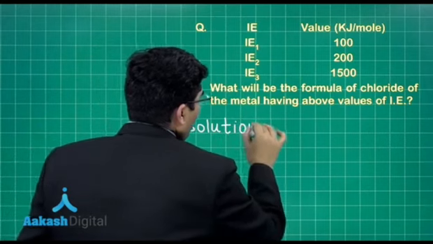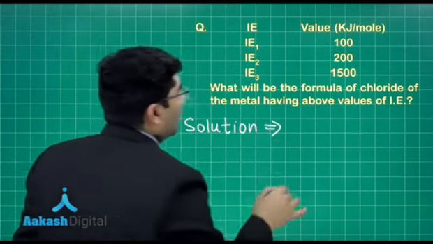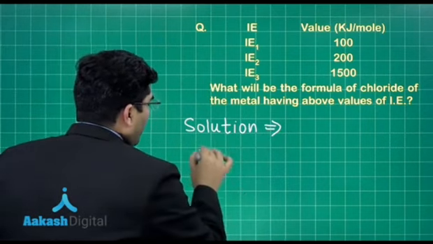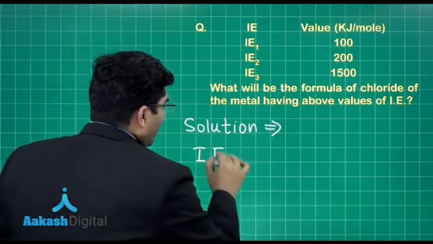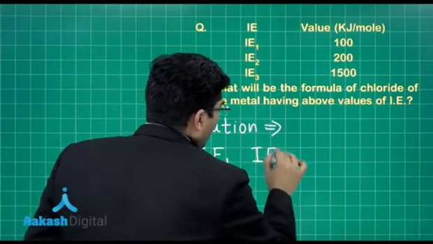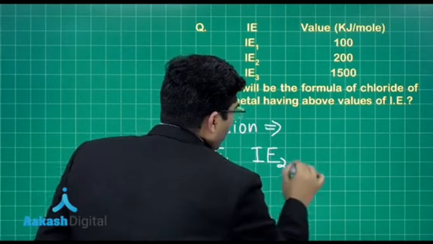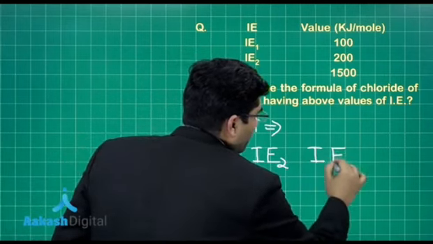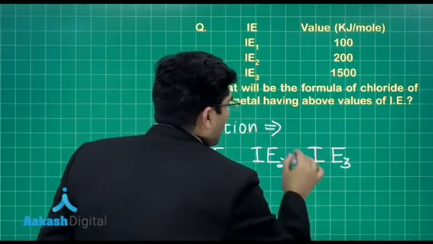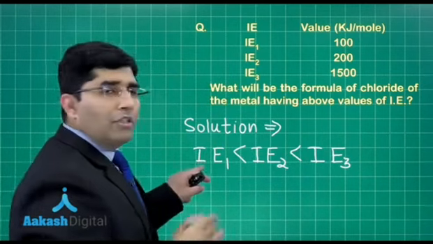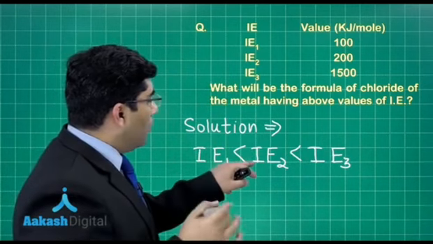solution will be, just write the ionization energy. We have ionization energy 1, ionization energy 2 and ionization energy 3, right. Now we know that ionization energy 1 will be smaller than ionization energy 2, which will be smaller than ionization energy 3.